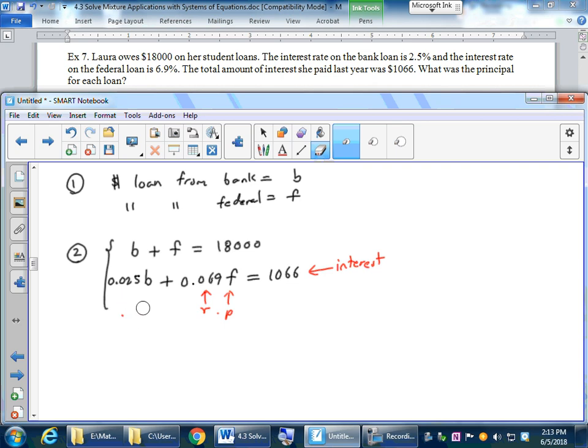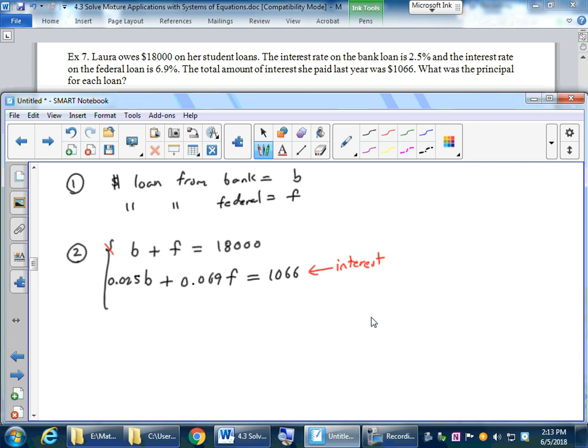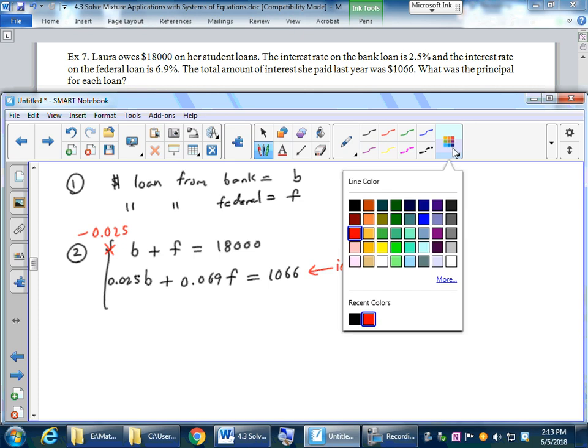So now we're going to solve this system, and it doesn't matter if you use the elimination method or the substitution method. I think the elimination method is the best in this case. Again, I'm going to eliminate B this time, so multiply by negative 0.025. You can use a calculator, so decimal numbers or fractions should not be a problem.